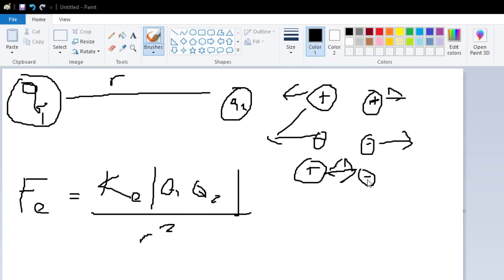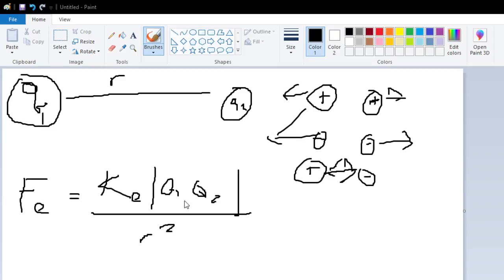Basically, what this is saying is that electrostatic force is directly proportional to how big the charges are and how far apart they are. So we're measuring the magnitude of this equation here.